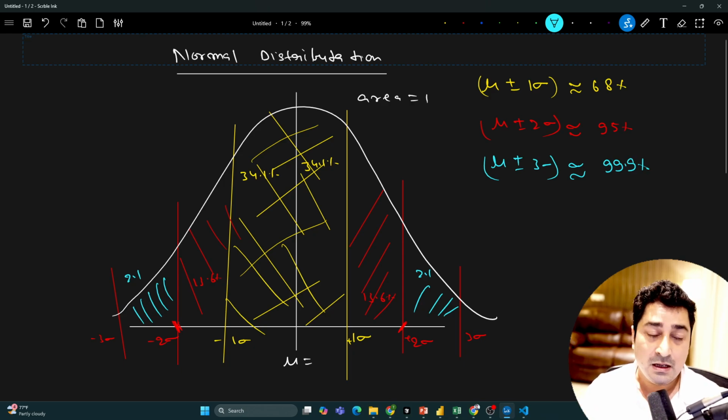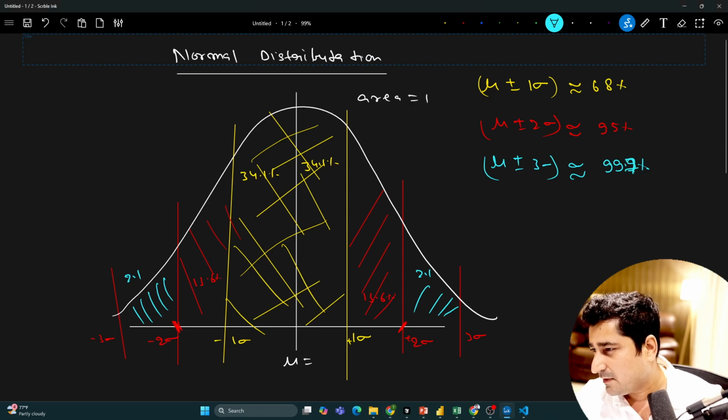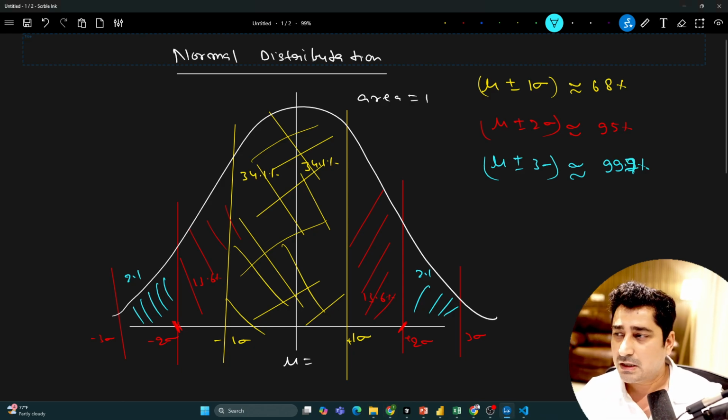I said 99.9, but I made a mistake, it is 99.7%. And the remaining 0.3% of the data, approximately 0.15% on each side, it is holding on this tail and on this particular tail side.